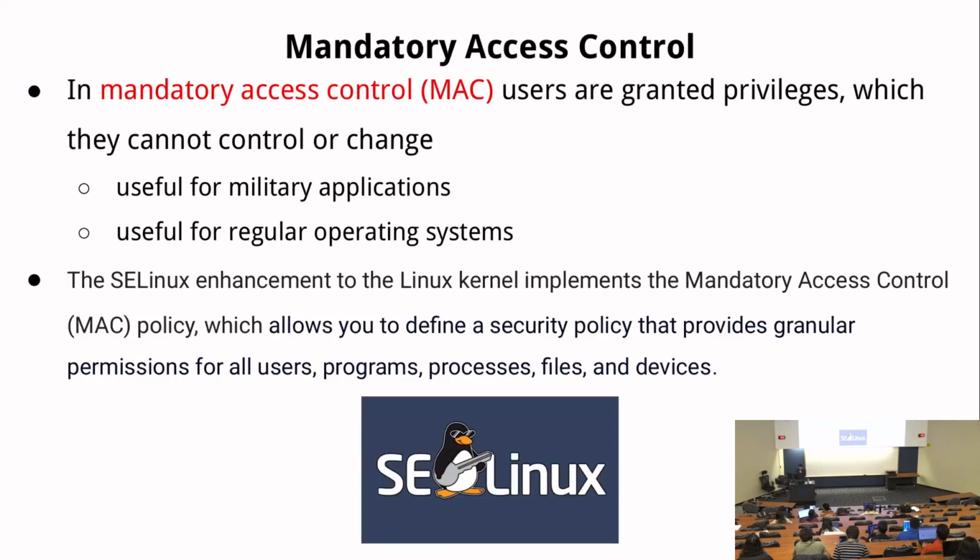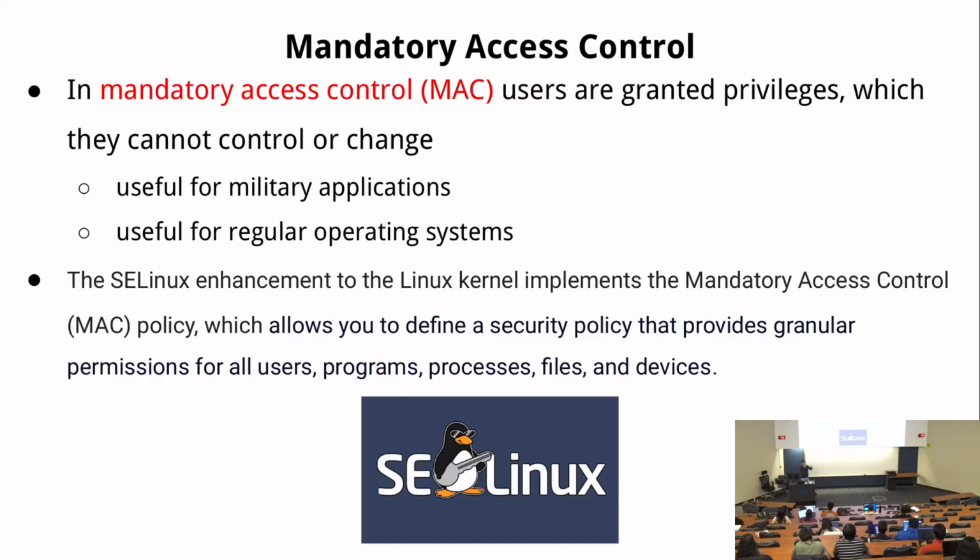So before we go today, I want to talk a little bit about another access control model, which is called MAC, mandatory access control. So in MAC, users are granted privilege at the beginning, then they cannot control or change those permissions. For example, we have many files.